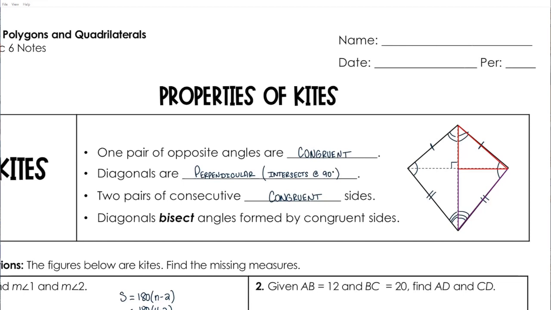Those are our consecutive, meaning next to. And the last property of our kites is that where our congruent sides come together, those two angles are being bisected. Not these ones up top, not our fat angles, but only where our congruent sides come together, both of those pairs.